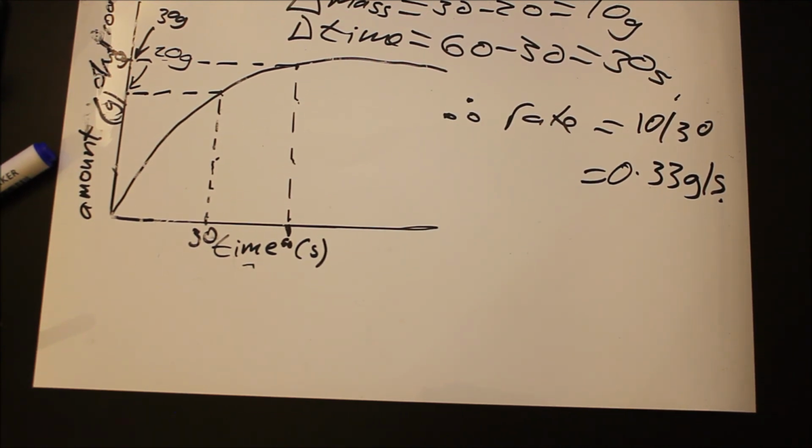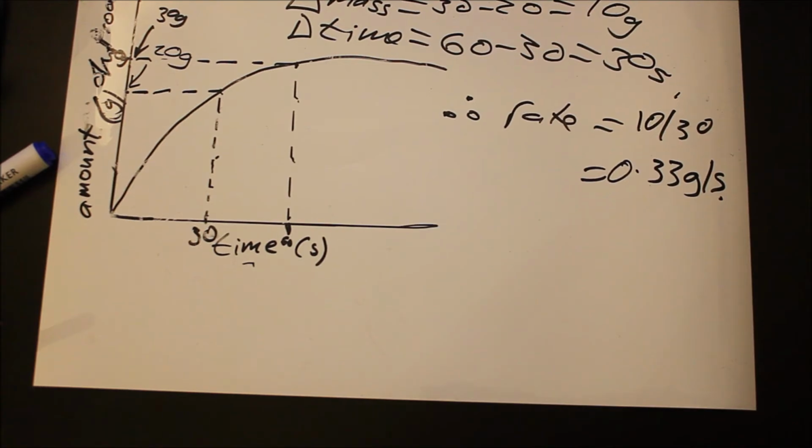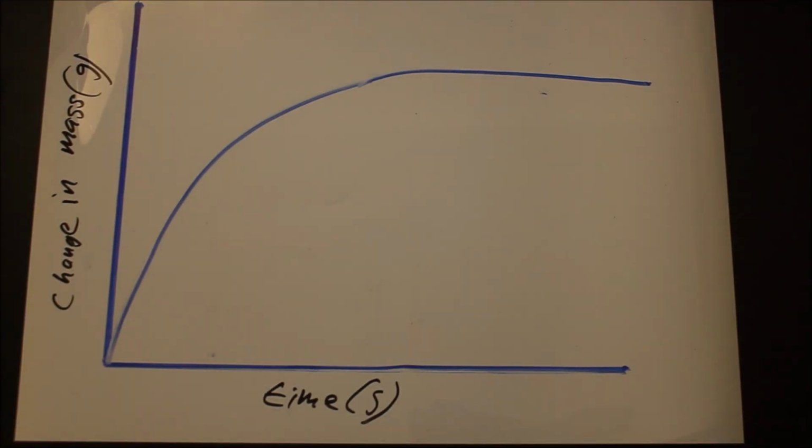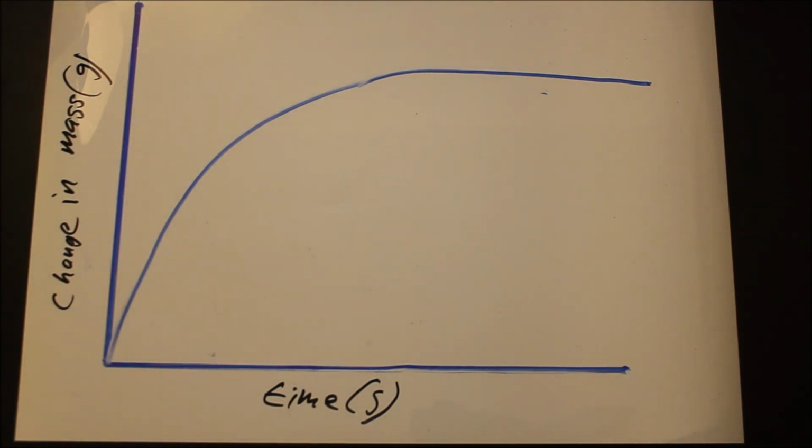The next thing we need to look at is how to work out a tangent. Now, you may also be asked at higher tier to work out the rate at a particular time. Now this is trickier. This requires you to work out the gradient of a tangent and to draw a tangent on in the first place.